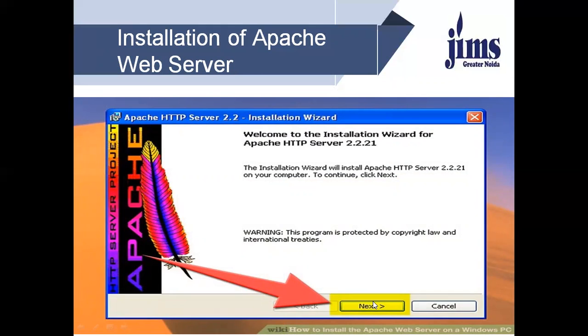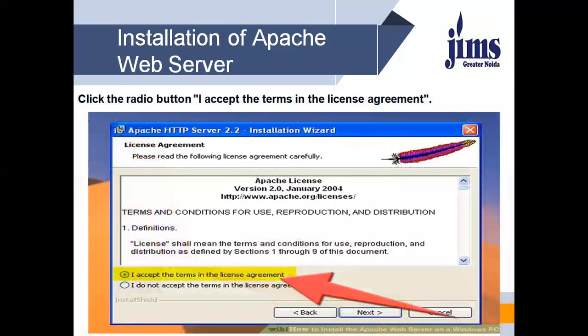Then you have to click on this next button. When you click on it, the license agreement dialog box will be displayed. You have to click on this radio button, I accept the terms in the license agreement, and then click on the next button.